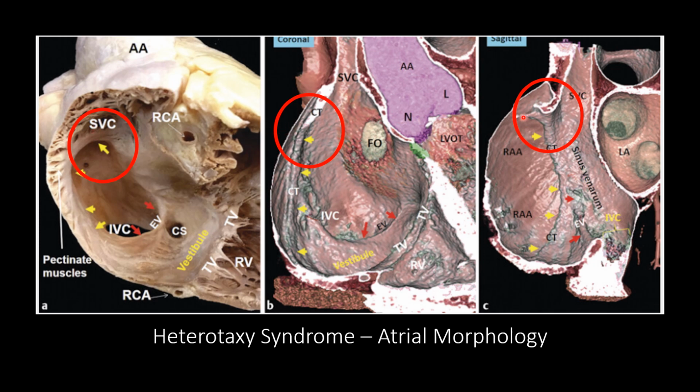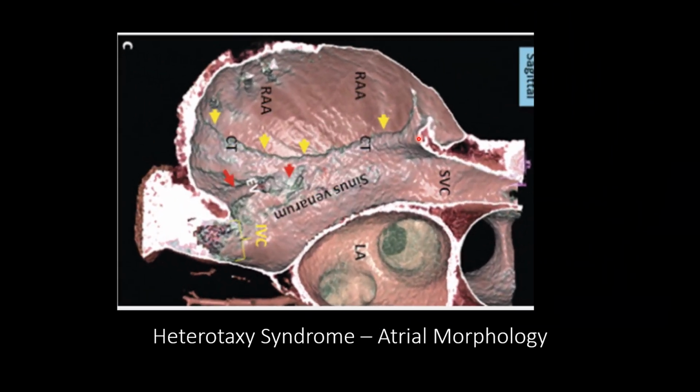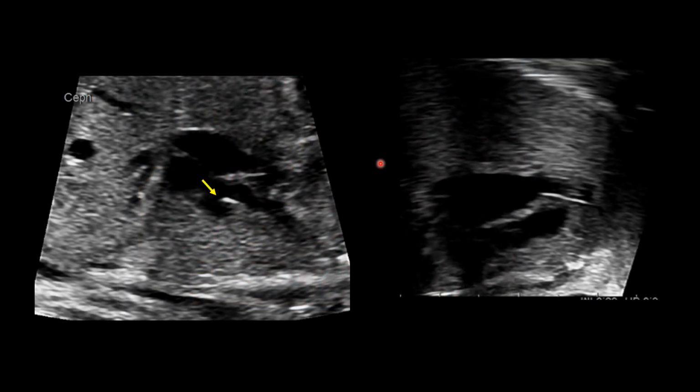It is a right atrial feature, and all of these hearts will have a superior vena cava, and depending on this feature, we can see in this sagittal view in the fetal echo, when we're imaging the superior vena cava coming into the right atrium, this infolding is really identifiable as shown here with this yellow arrow, with this morphological right atrium, this superior vena cava coming into the right atrium here.